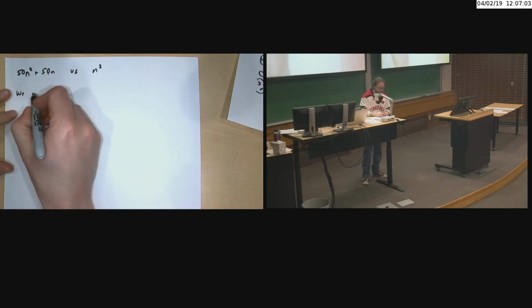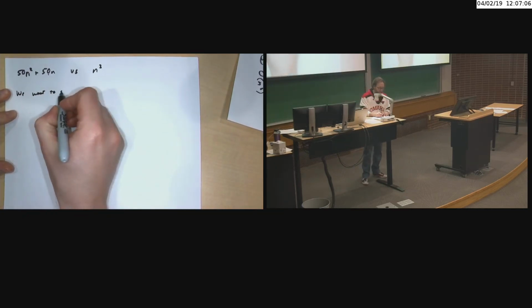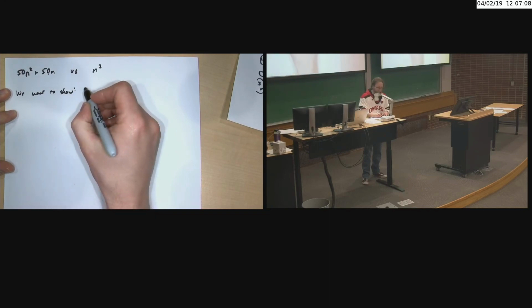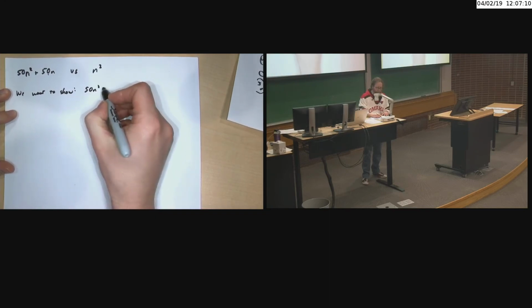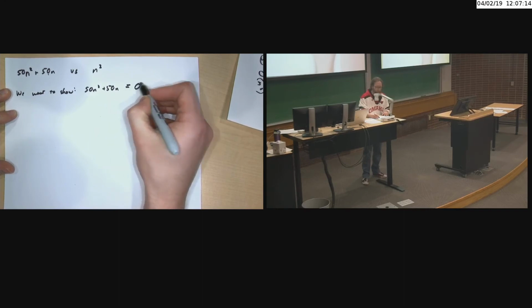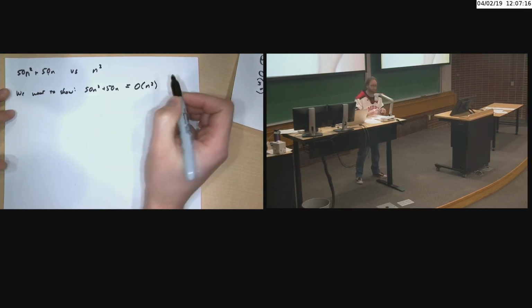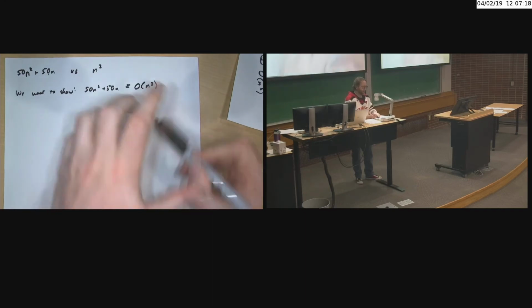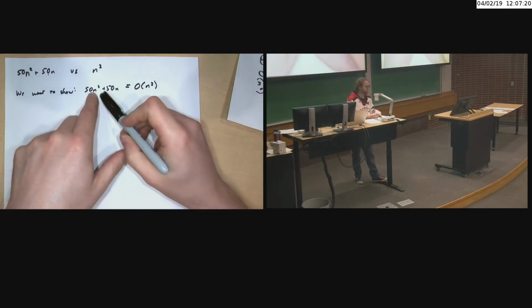So we want to show that 50n squared plus 50n is big O of n cubed, because n cubed has the higher rate of growth than n squared.